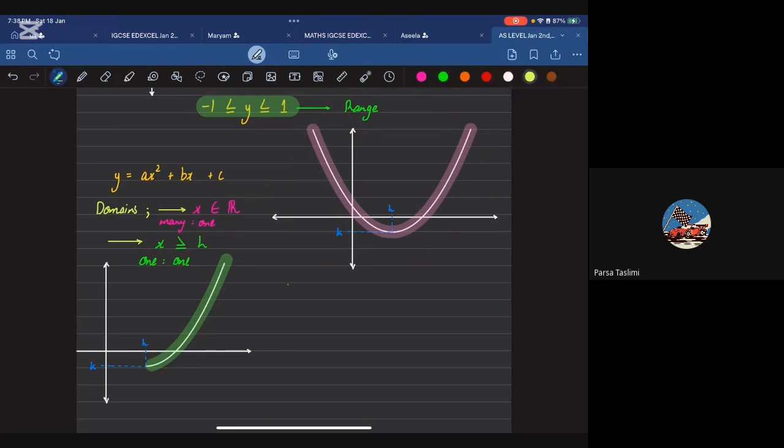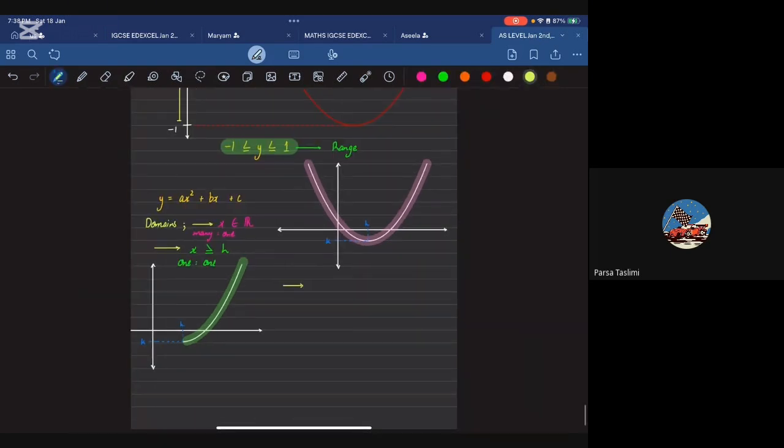And this can happen the other way around as well. How can it happen the other way around? Let's see. For example, what if you're given the domain x is less than or equal to h? What will happen then?